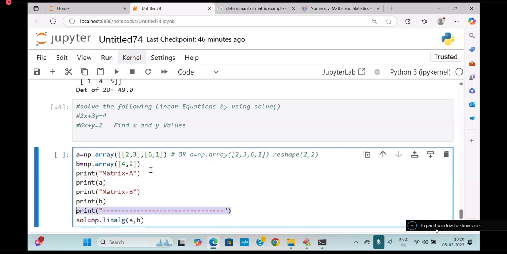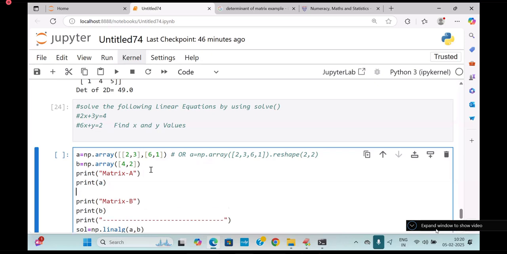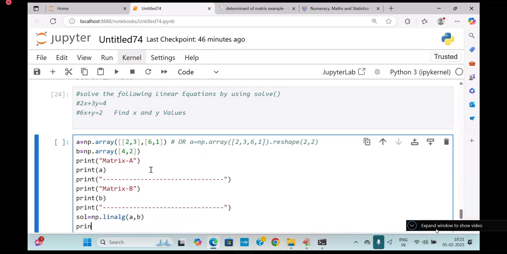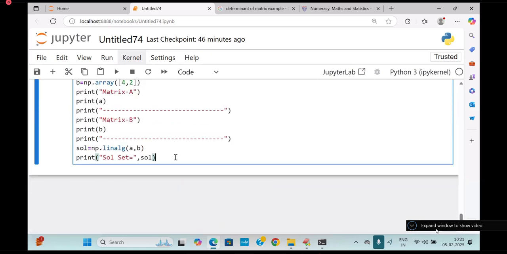How to print the solution set: print of solution set is equal to SOL. It will come in the form of one ndarray, first value, second value, you will get it.